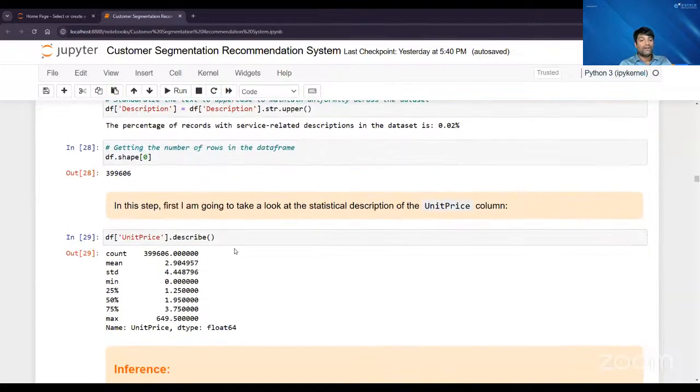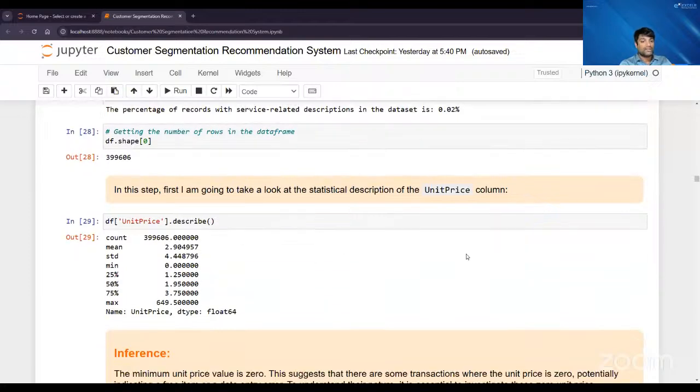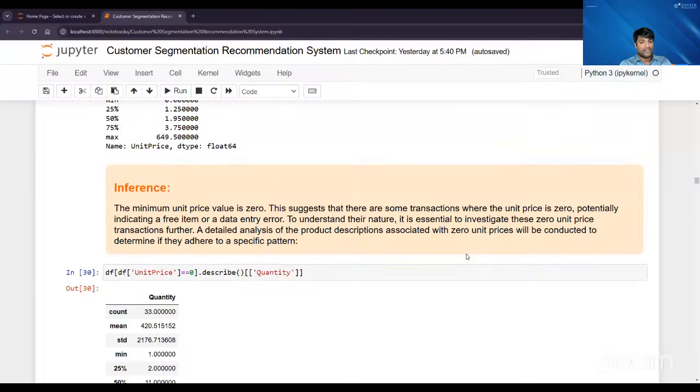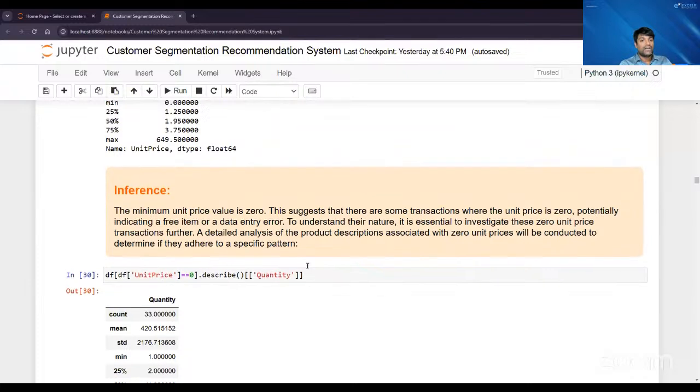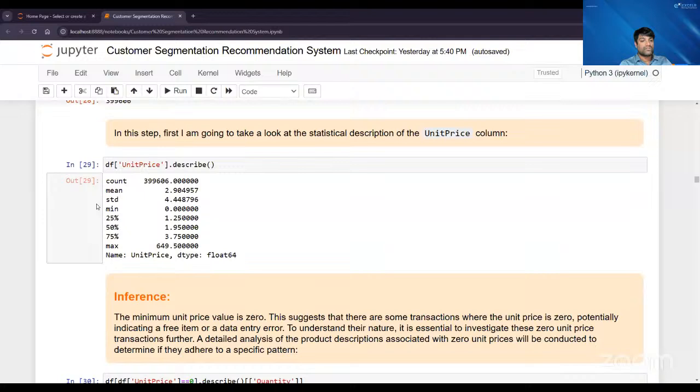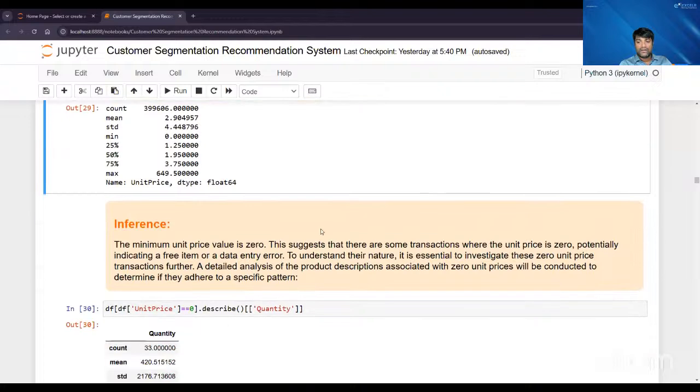And then we have seen the unit price. I think we have completed till here. For the unit price, we have also seen what the minimum is. The minimum is zero, right? A unit price cannot be zero, so potentially it's a data entry error.